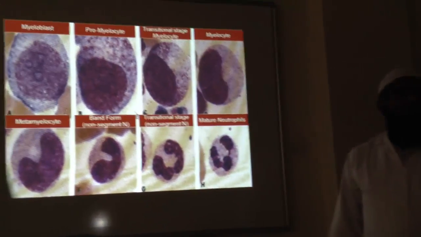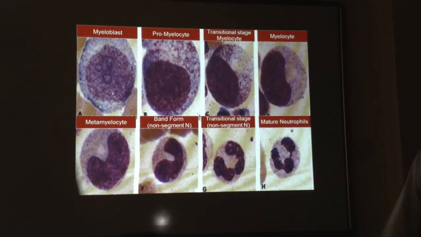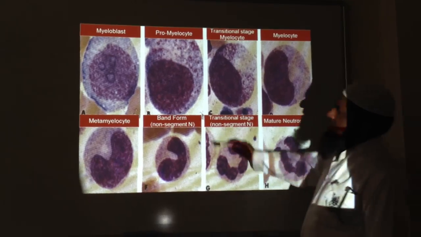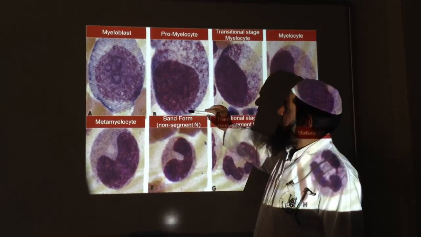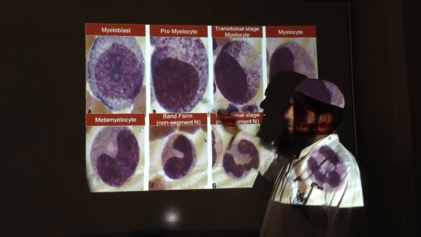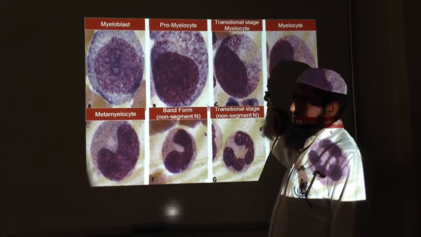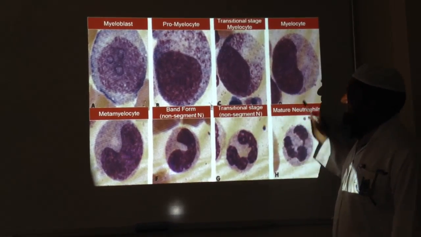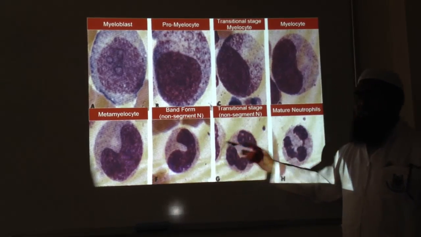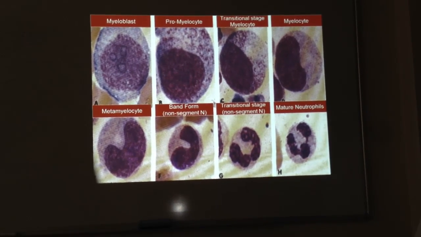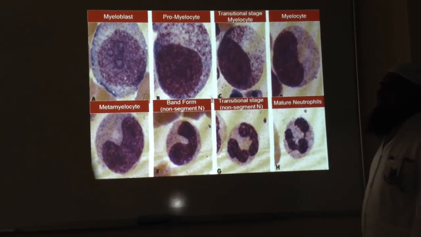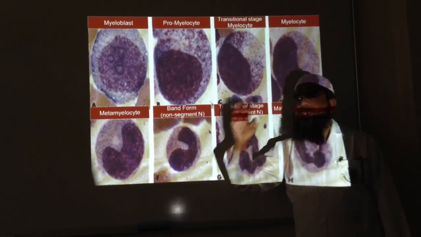So, two features. Here, the proliferative phase: these will divide and these will differentiate. Here, they will differentiate to the next stage, but they will not divide. Clear? Normally, this is according to the body's needs.